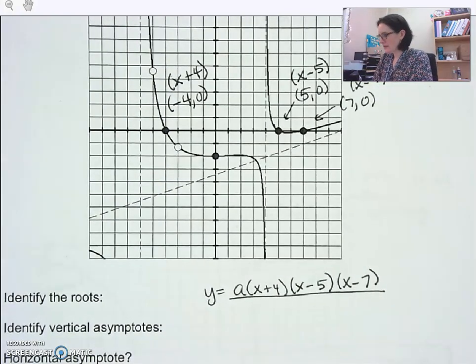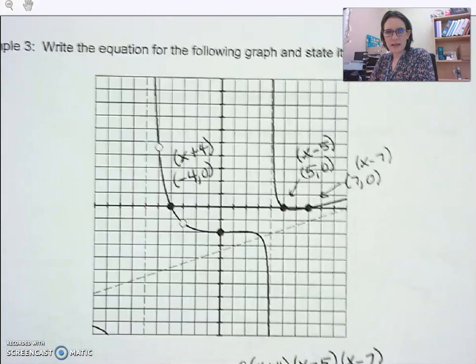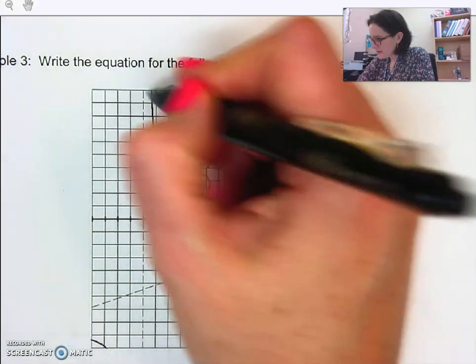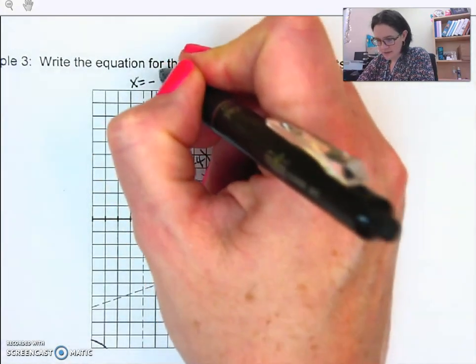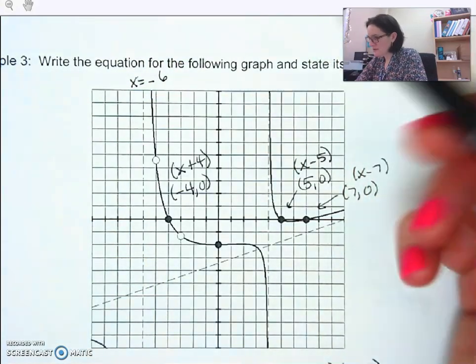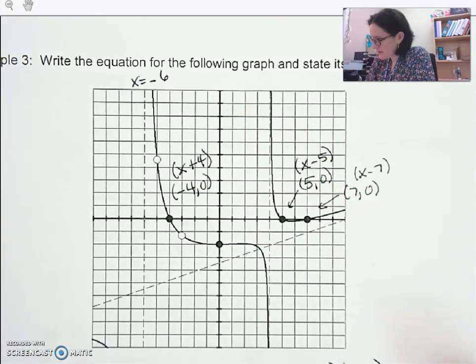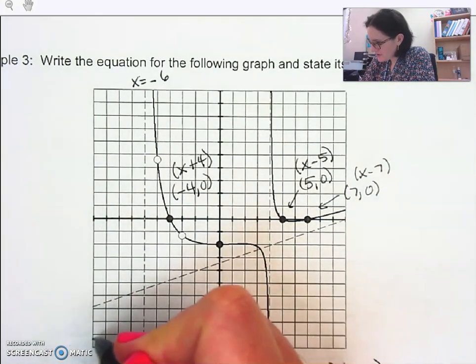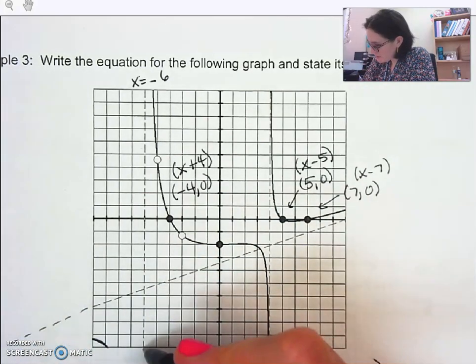All right, so then let's check out our vertical asymptotes for our denominator's factors. We have one here at x equals -6, and at first it doesn't seem like we have another piece on this side, but if you notice this curve down here, if we were to extend this graph, what we'd have going on is this situation.